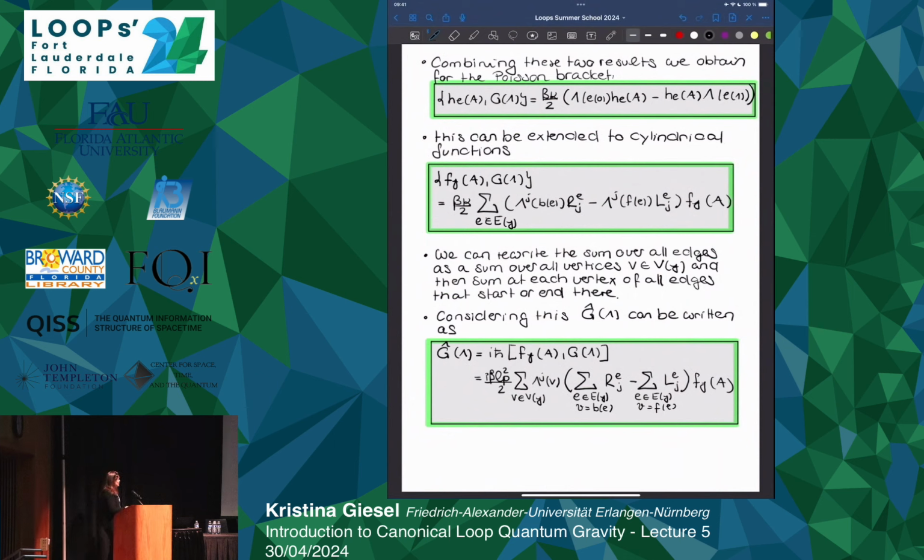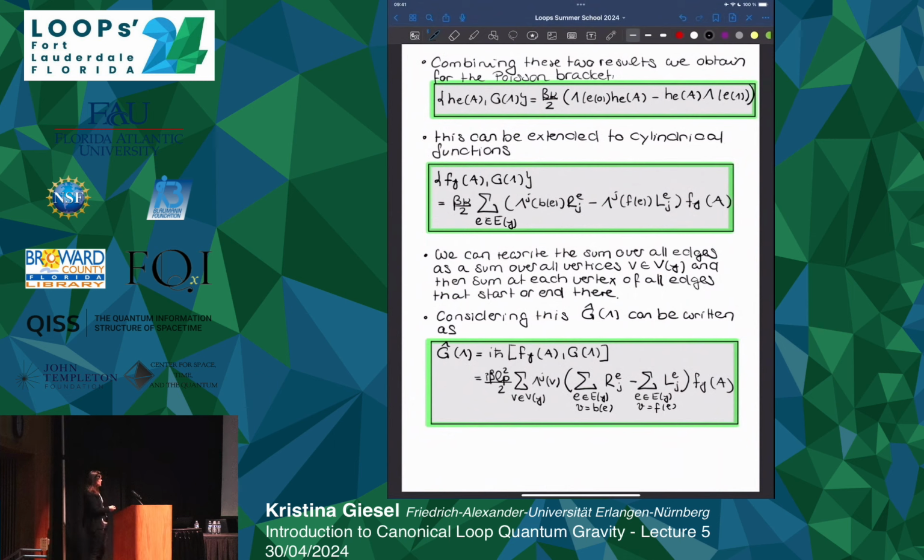And then we basically get this prefactor here where you see that the kappa from the classical theory and h bar are again combined to the Planck length squared. And beta is the Immirzi parameter, which I introduced yesterday in this first canonical transformation when we went to Ashtekar-Barbero variables. And then I just replaced the sum over the edges here by a sum over all vertices of the graph.